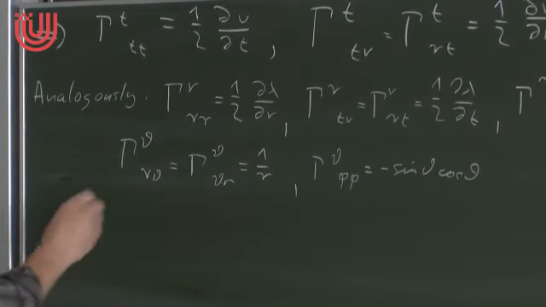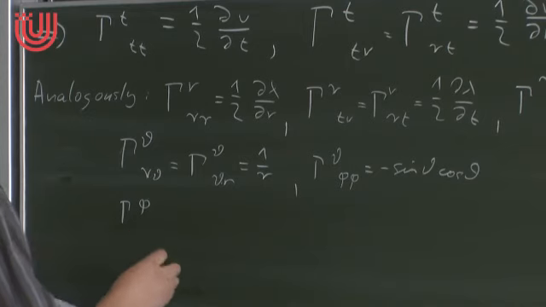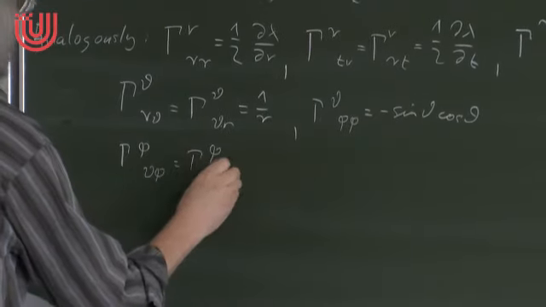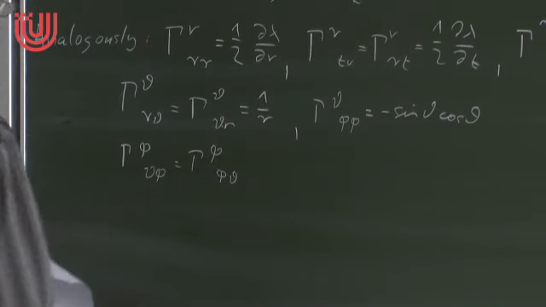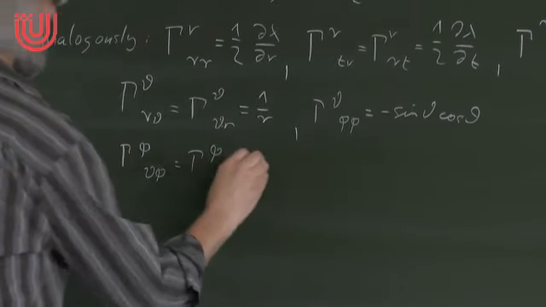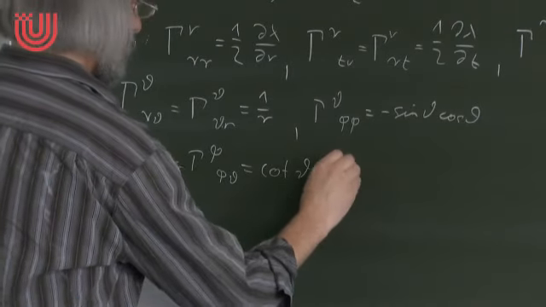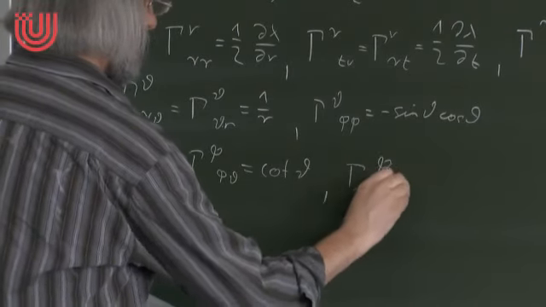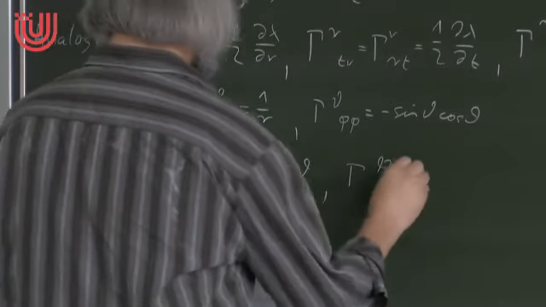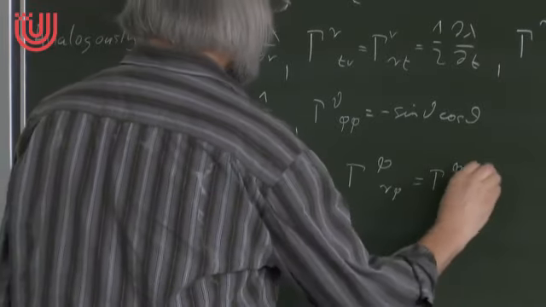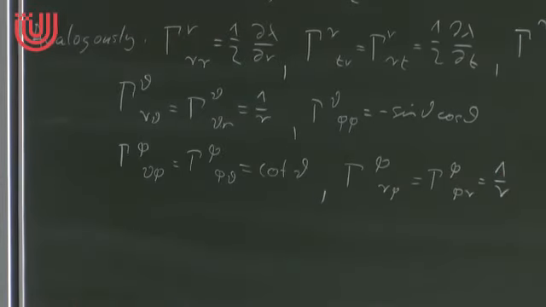And the ones with an upper index φ, Γ^φ_{θφ} equal Γ^φ_{φθ} is cotangent of θ. And the last one is Γ^φ_{rφ}, which is the same as Γ^φ_{φr}, is 1 over r. So these are the non-zero Christoffel symbols.